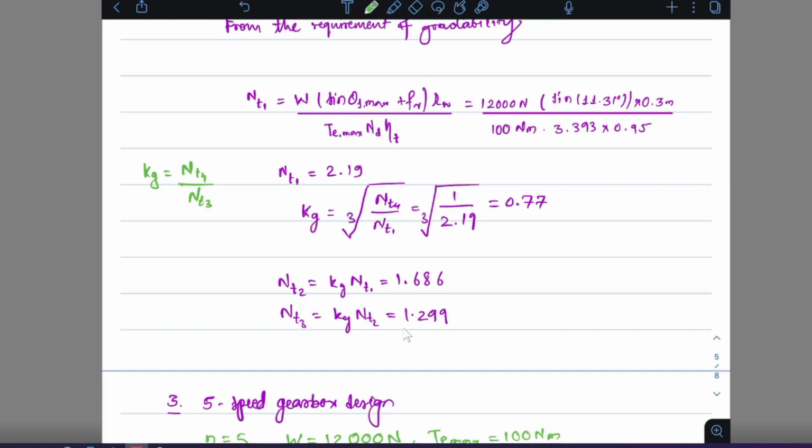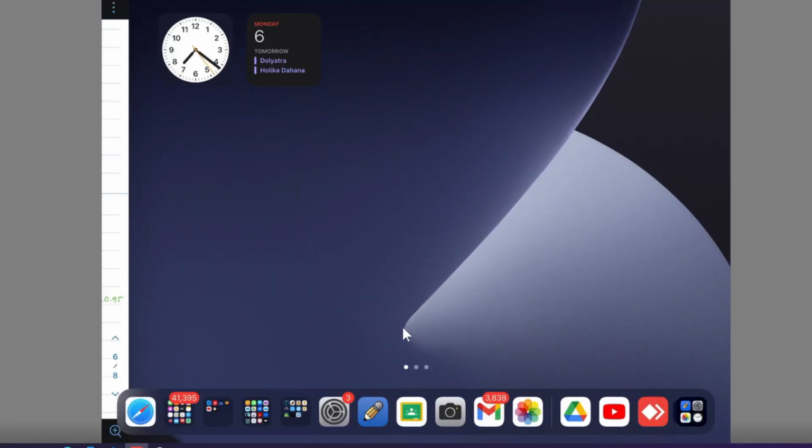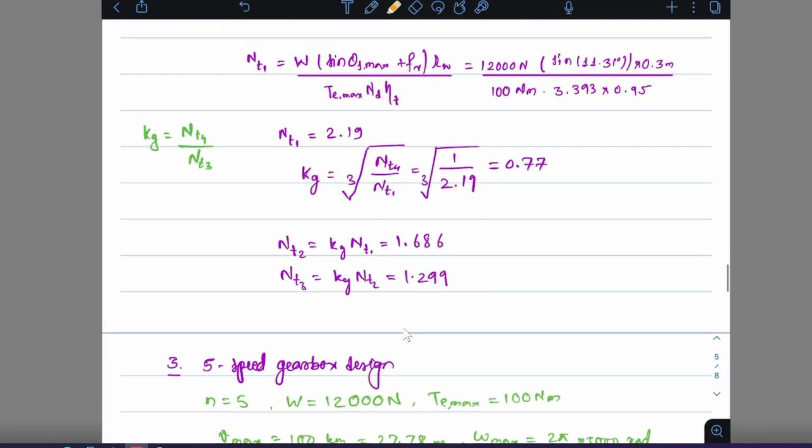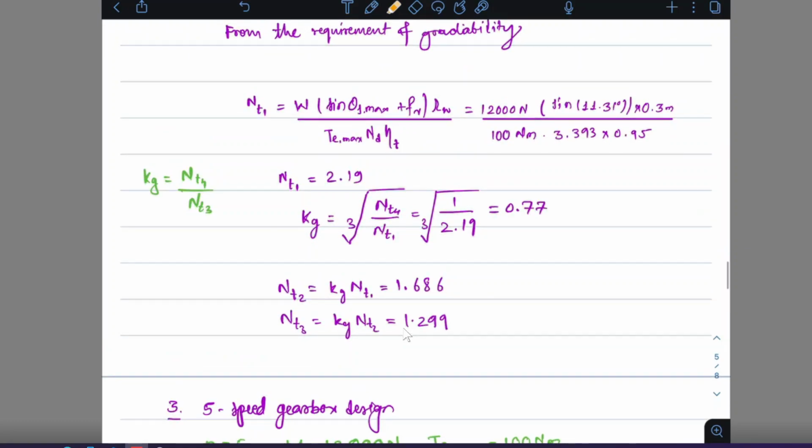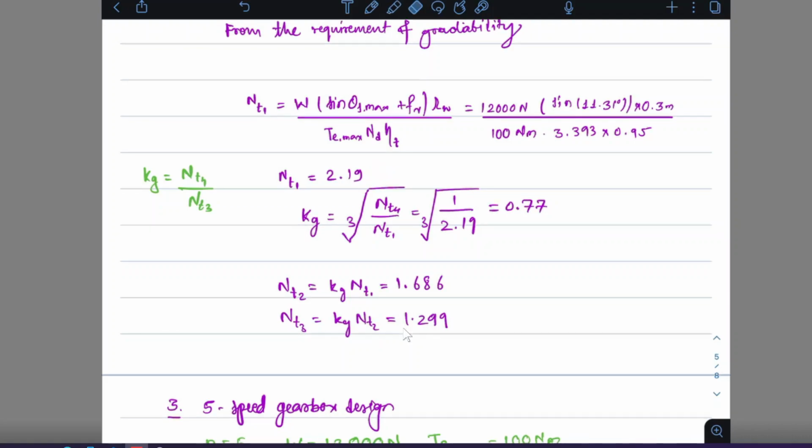You are saying I should have been dividing here rather than multiplying. So then you wrote NT1, and I didn't get that part. Why did you write NT1 over there? Here kg is equal to the cube root. Okay, so this is fine, right?